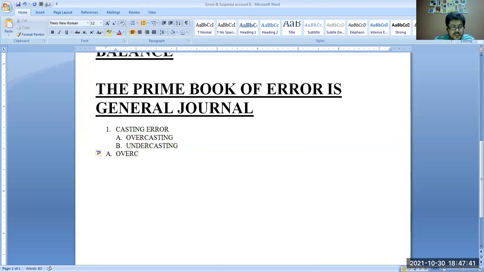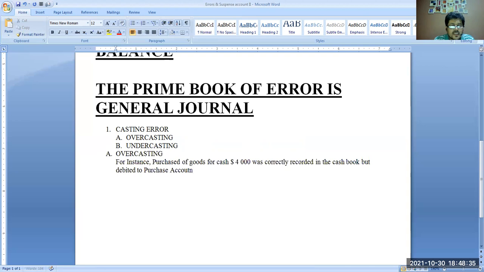What is overcasting? For instance, purchase of goods for cash 4,000 was correctly recorded in the cash book, but debited to the purchase account as $40,000.